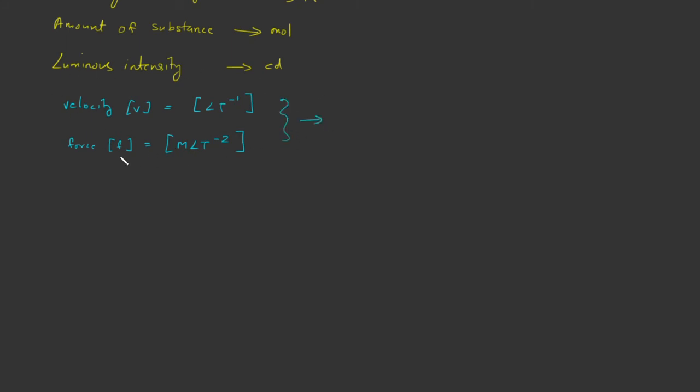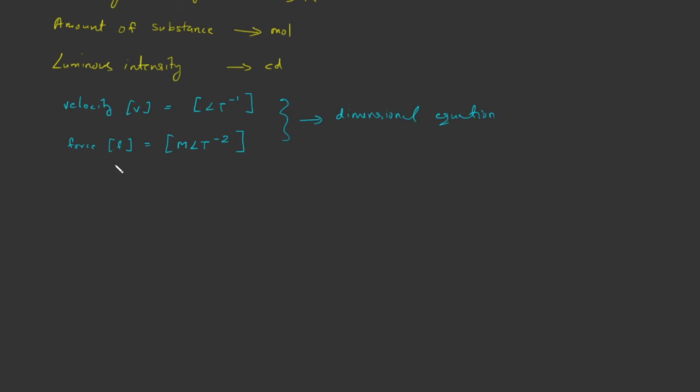This is called a dimensional equation. So the dimensional equation of a physical quantity is an equation obtained by equating the physical quantity with its dimensional formula.